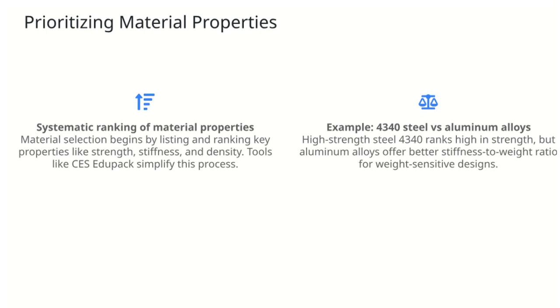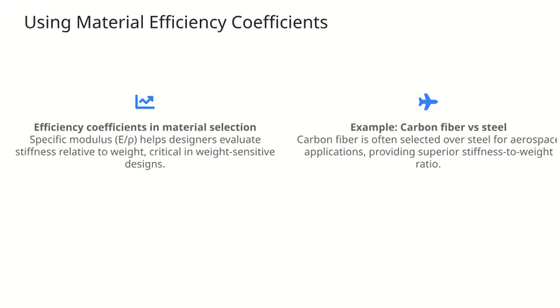Tools like CES EduPack simplify this process. For example, 4340 steel versus aluminum alloy. High strength steel 4340 ranks high in strength, but aluminum offers a better stiffness to weight ratio for weight sensitive design.